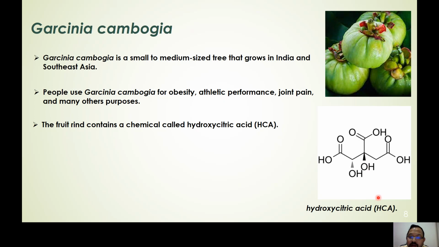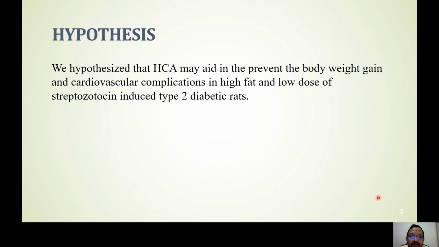In our study, hydroxycitric acid was used in my experiment. We hypothesized that Garcinia cambogia can reduce body weight, so the main compound HCA can also reduce body weight, and whenever body weight decreases, diabetes complications also decrease.